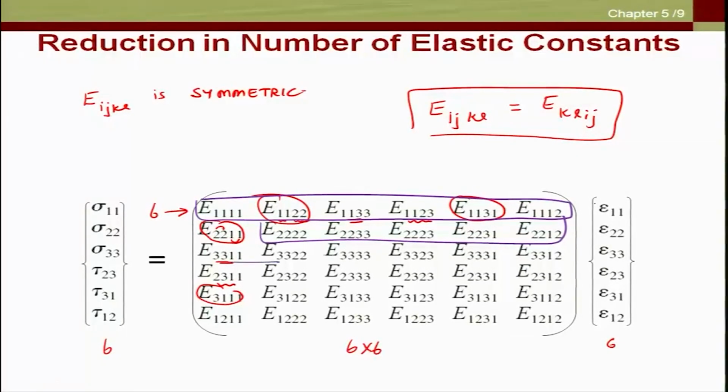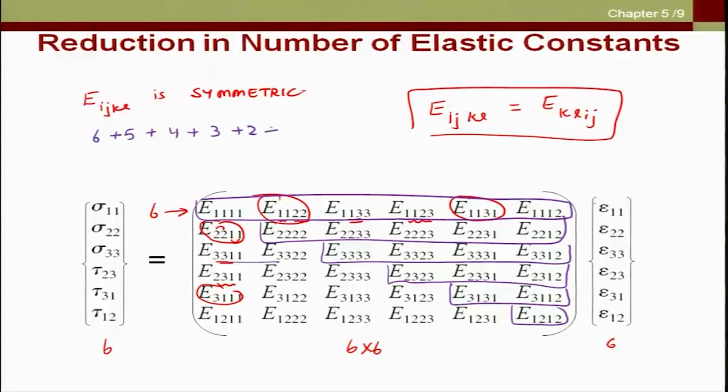Then these 2 terms are repeated, so 4 terms from here. Then 3 terms from here, then 2 terms from here, and 1 term from here. So, if it is symmetric, then the total number of constants is equal to 6 plus 5 plus 4 plus 3 plus 2 plus 1. So, that comes to 21.